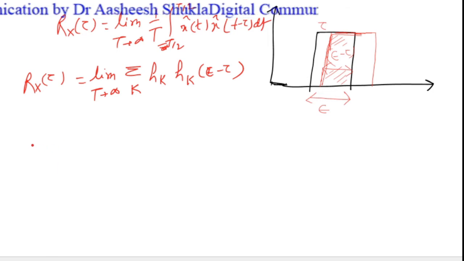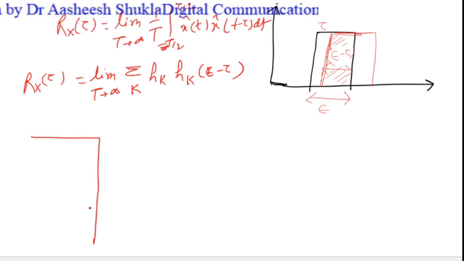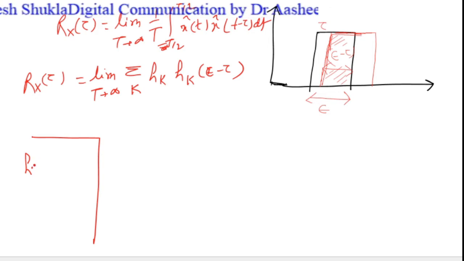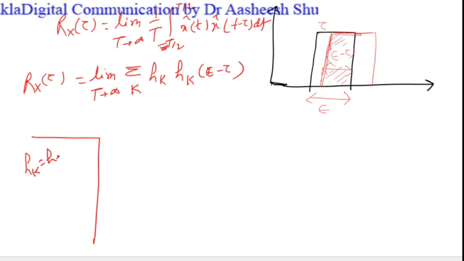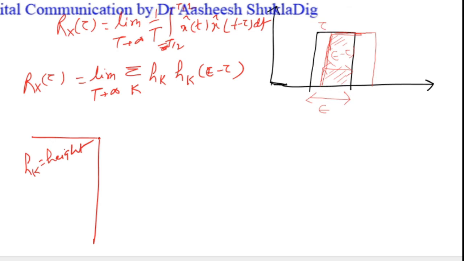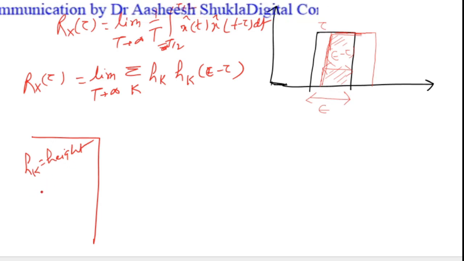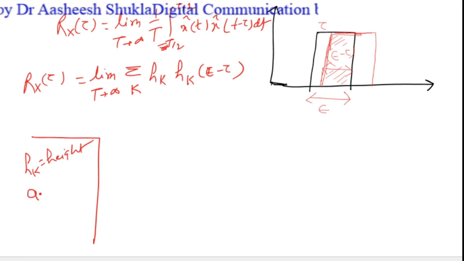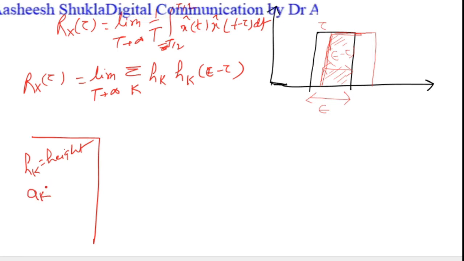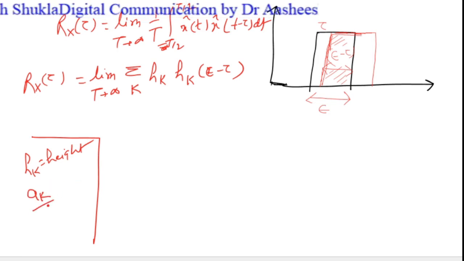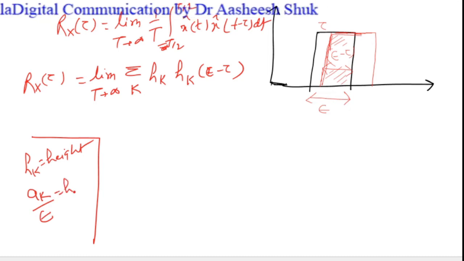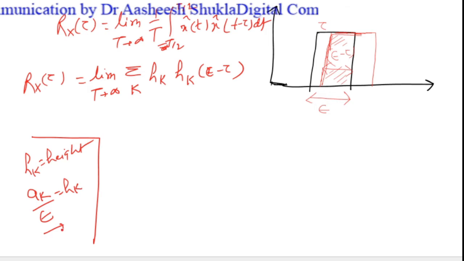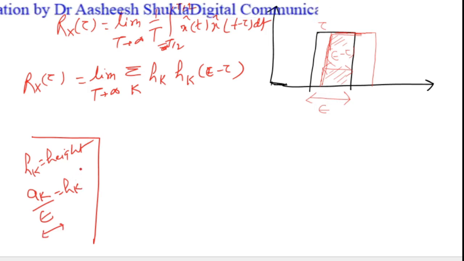So what is the meaning of h_k? It is just the height of the kth pulse, and every pulse has its strength. We started with a_k, right? If you divide a_k by epsilon, you will get the height of the pulse h_k. So if you increase the width epsilon, your height will decrease.